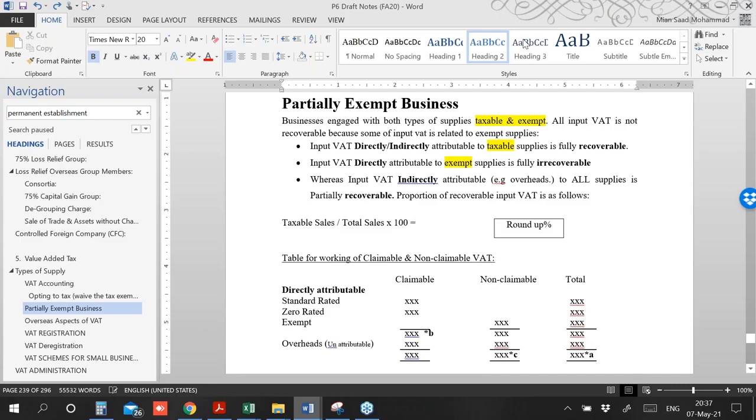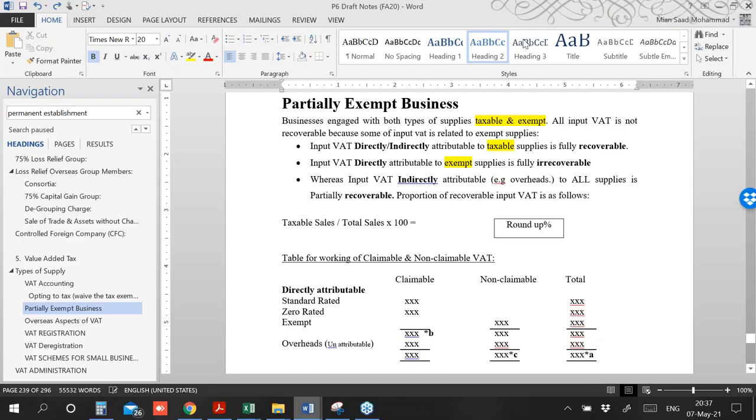Now, obviously, if he is using the same building or the same office or same area, he will be unsure exactly how much overhead he is incurring on the taxable sales or on the exempt sales. However, he can have a rough idea. For example, he can check how much of his turnover comes from taxable sales and how much from exempt sales.